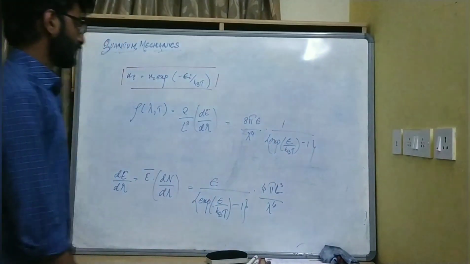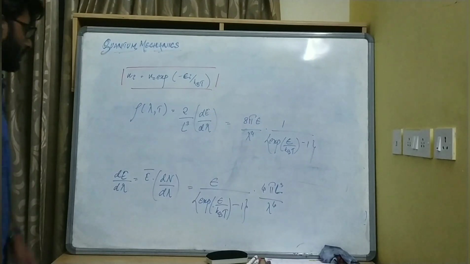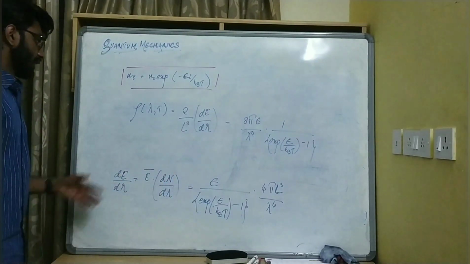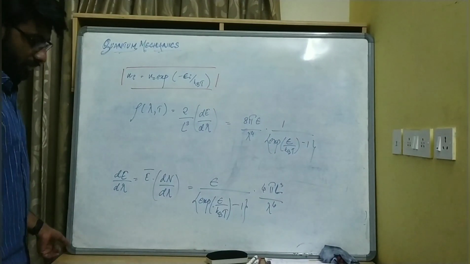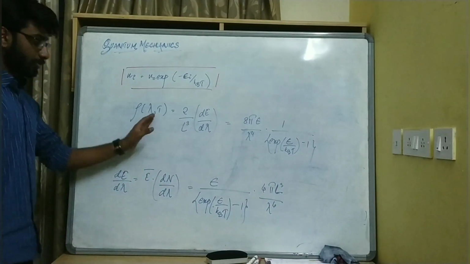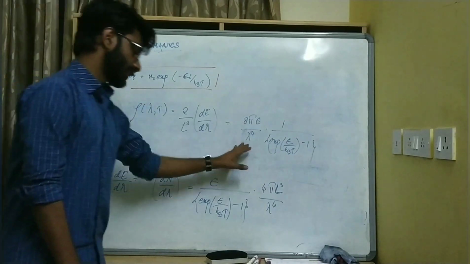So this is the expression for the radiative energy density per unit wavelength, in terms of wavelength and temperature.